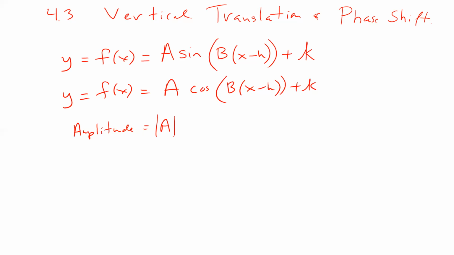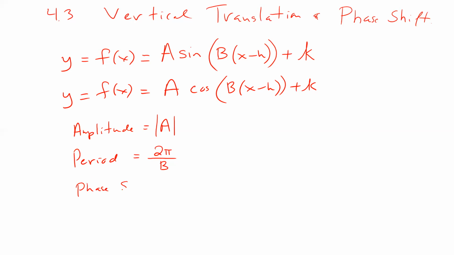And then we have, particularly for sine and cosine, our period value, as we did last time, it's going to be 2 pi divided by b. We just take the b value, divide it, and then we know exactly how far we are stretching to give one full period. Okay, and then we have something called the phase shift. Now notice the b value is actually multiplying in times x minus h, right?